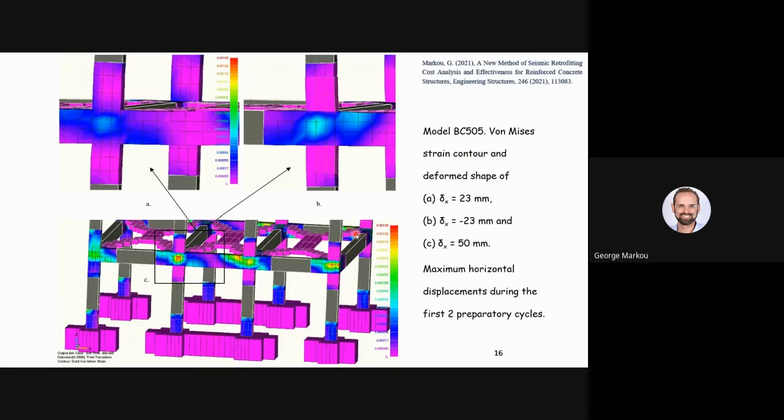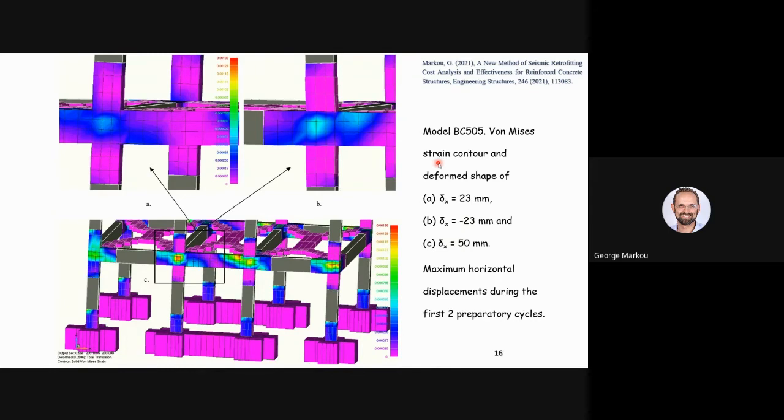Now, this is a figure that shows the von Mises strain contour distribution for the case of the BC505 for different horizontal deformation, positive 23, negative 23, and positive 50 millimeters at the top floor. And as we can see, of course, the change in terms of strains and damage development is clear.